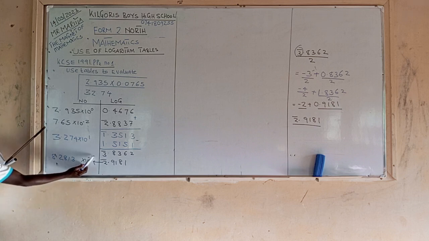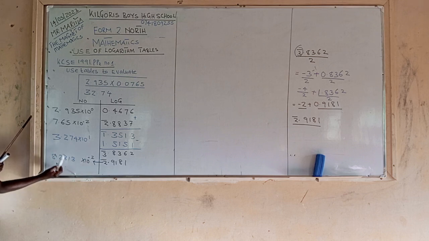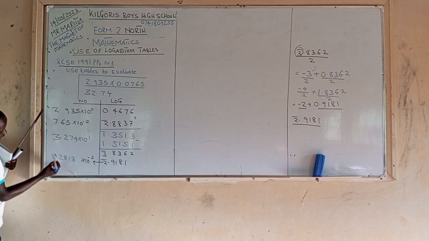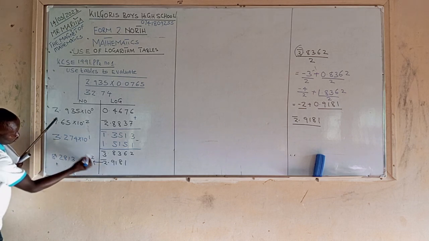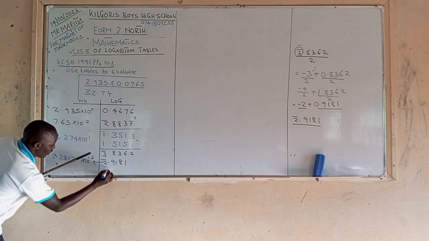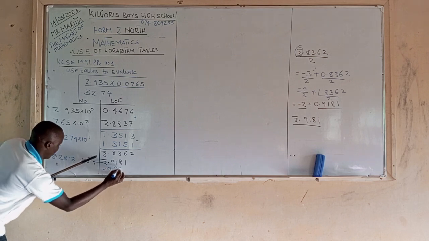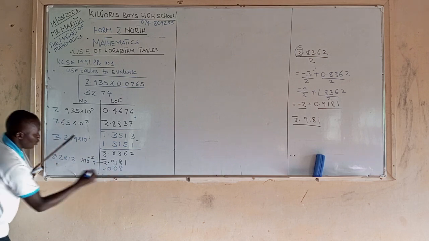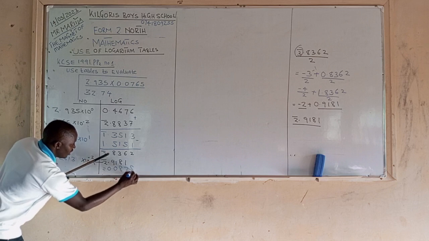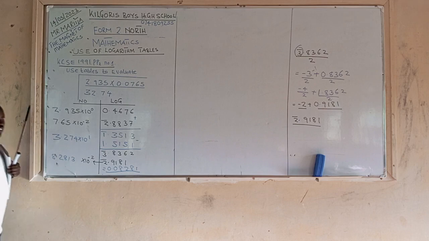So when we have this negative 2, it means we are supposed to move backwards how many units? 2 units to the negative side. So if we move back 2 units from this one, the final answer now we can have as 0.08281. And this is the final answer.